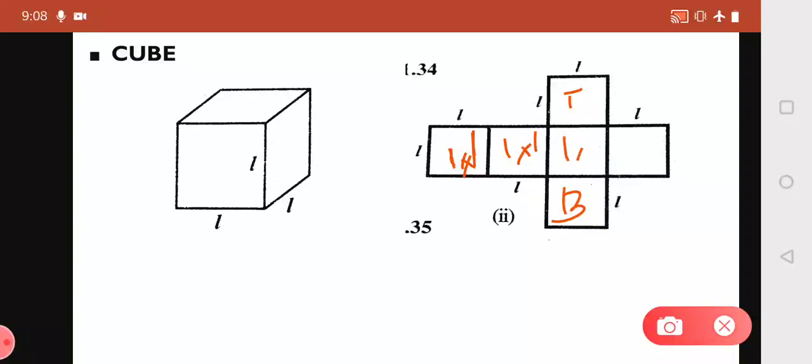These are 4 side walls, but here we don't have any problem as all the dimensions are length only. For the first square we get L into L, the second square again L into L, third L into L, fourth L into L, fifth L into L, and sixth also L into L.